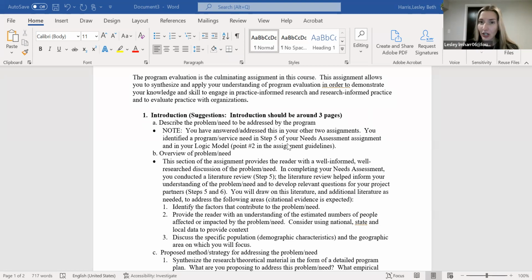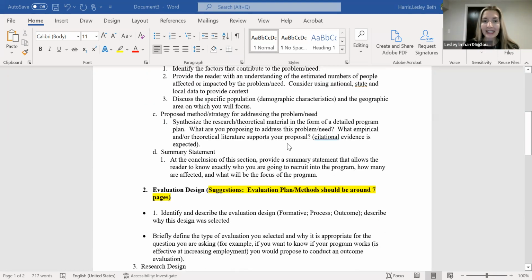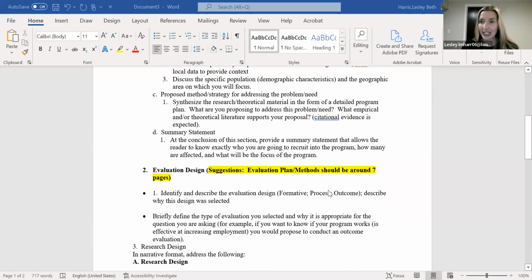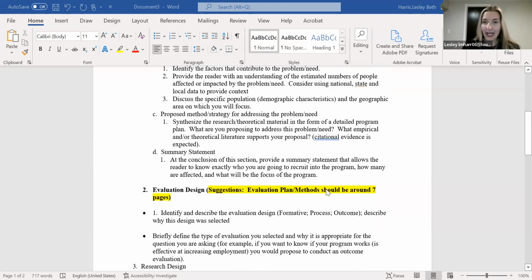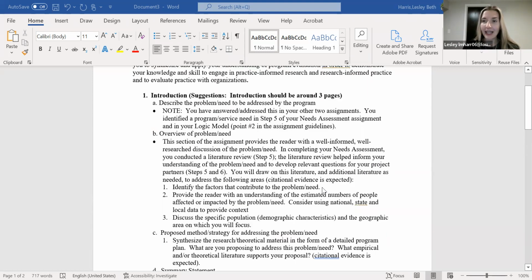The first is the introduction, which is 3 pages, and the second is the evaluation design, which is 7 pages. So this paper is 10 pages, double-spaced total, APA format. You are going to have to write concisely in order to complete this assignment within a 10-page limit.